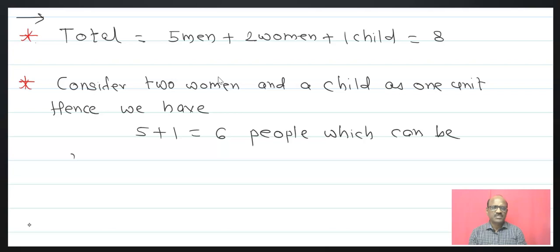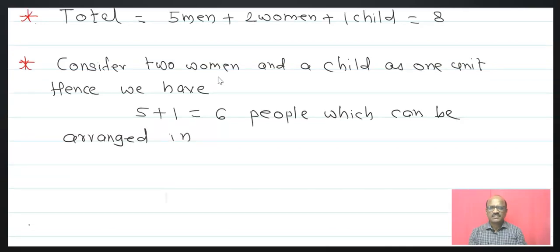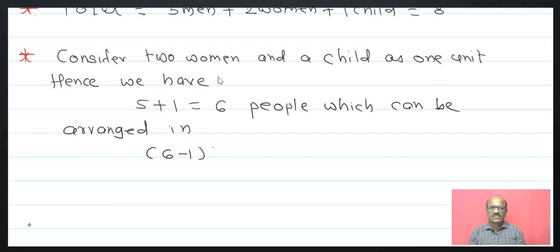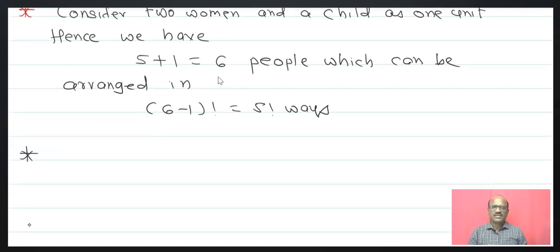Six people can be arranged in 6 minus 1 factorial, that is 5 factorial ways.